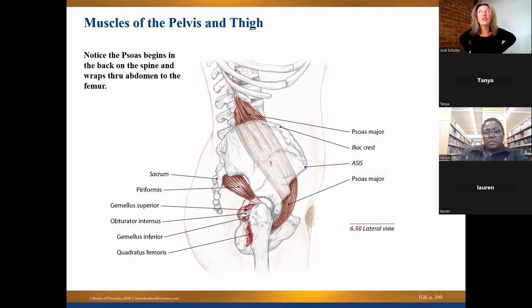Put your hands on your last rib. Can you do that? Maybe doing it this way if that's easier for you, or put your thumbs forward. Yeah. So that's how high it starts, and it comes through the belly and attaches at the lesser trochanter of the femur.